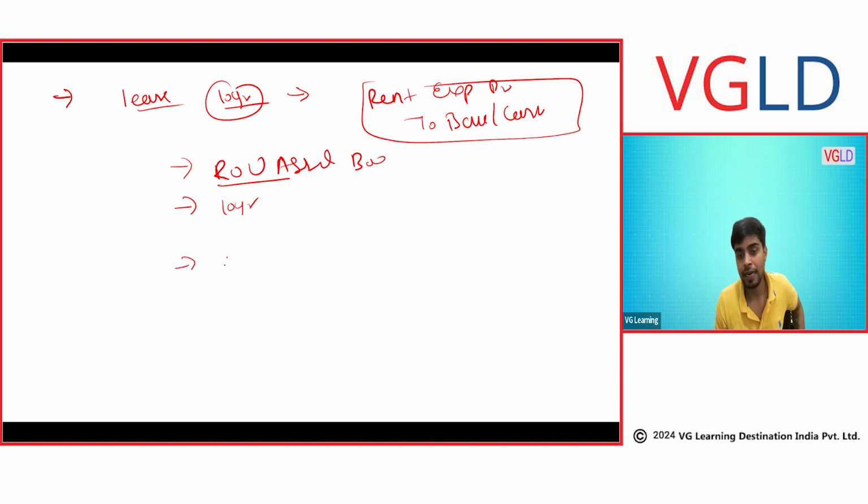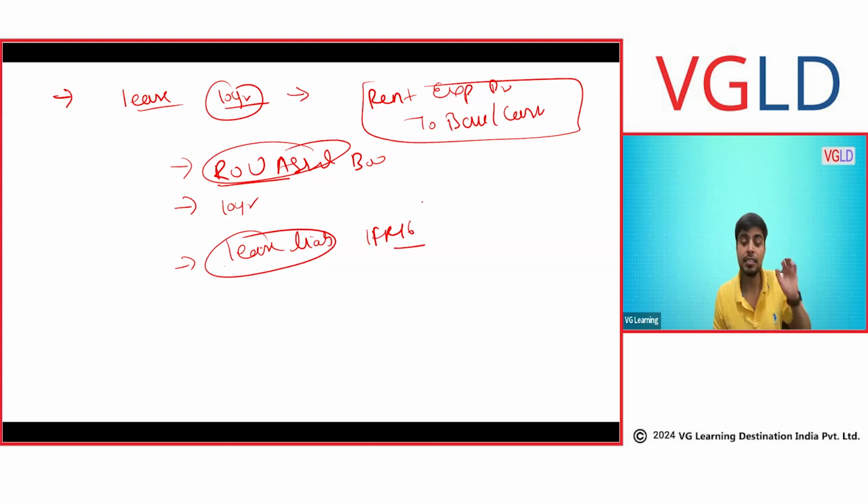Similarly, I will create a lease liability as per IFRS 16. This right of use asset and this lease liability are shown as the commercial substance. What is commercial substance?